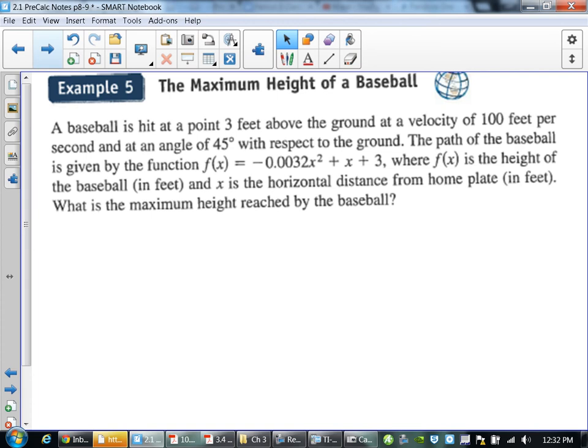The path of the baseball is given by the function blah, blah, blah. You don't have to come up with a model. It's going to tell you some equation. Where f of x is the height of the baseball, the y value. f of x is synonymous with y. And x is the horizontal distance from home plate in feet. What is the maximum height reached by the baseball?